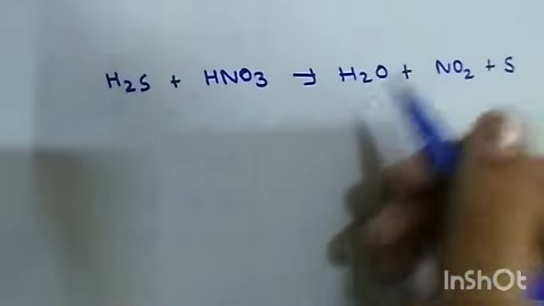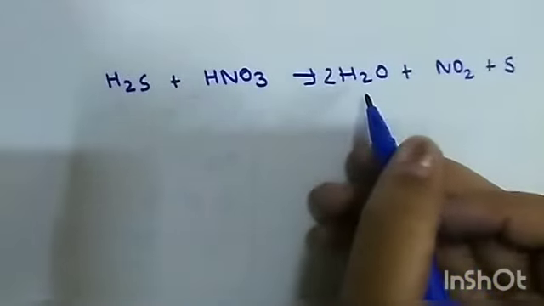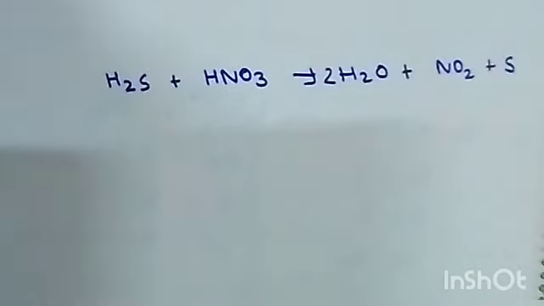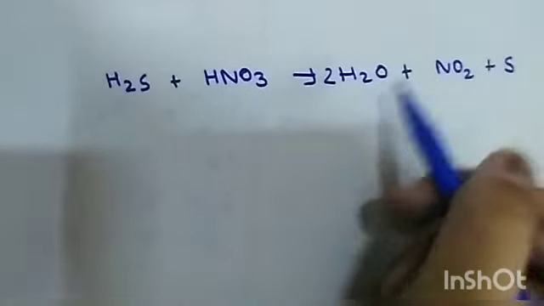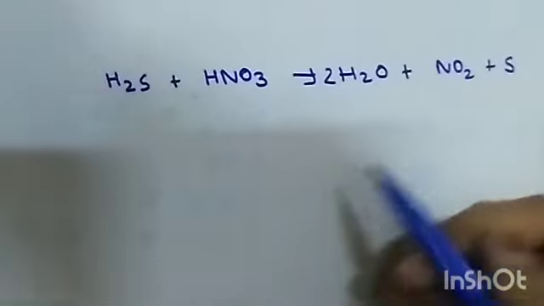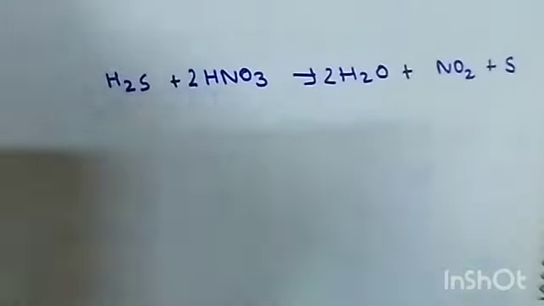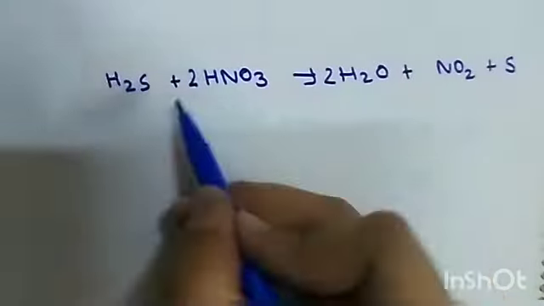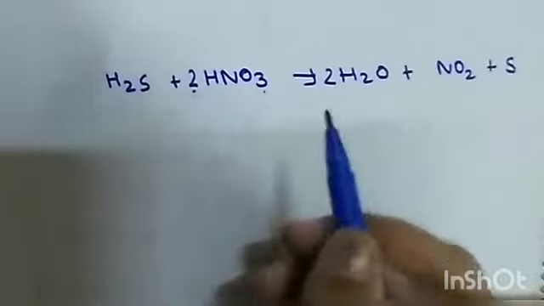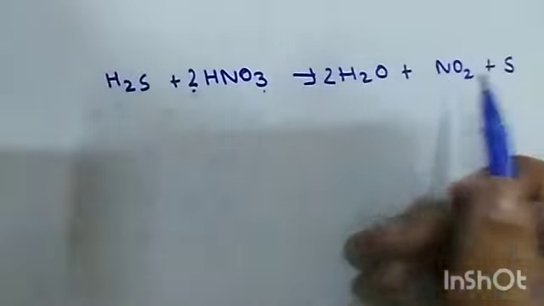If we multiply here by 2, 2 into 2 is 4, so now oxygen will also increase. Let's multiply here by 2. Now oxygen would be 6, and here oxygen is 4.